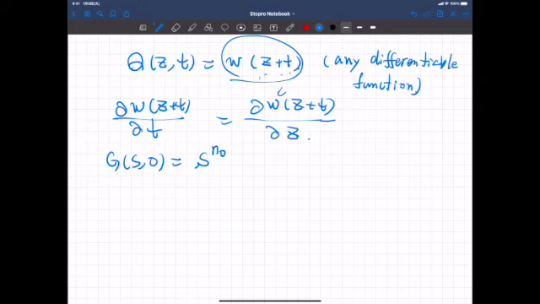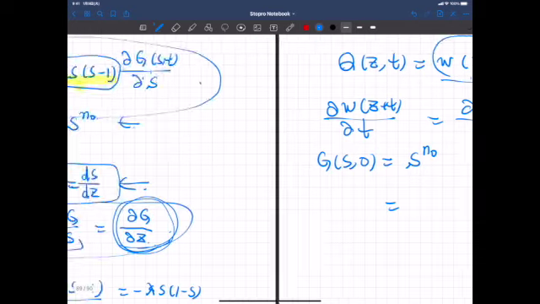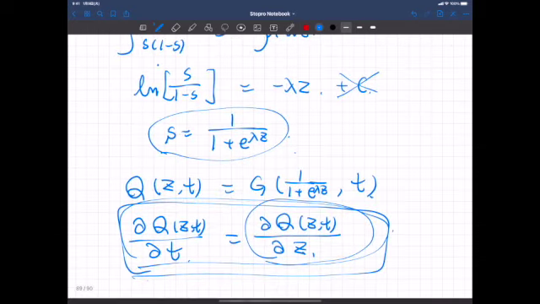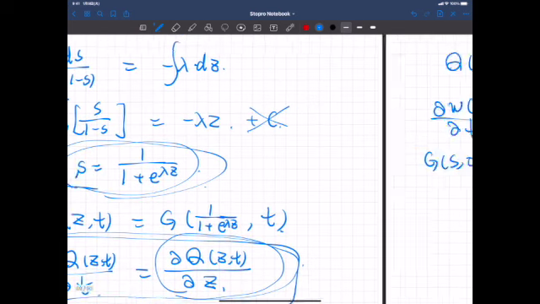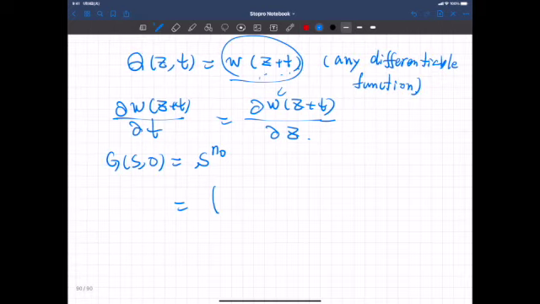Now we know s is equal to this, so we substitute this s into here. That is 1 over 1 plus e to the power of lambda z.